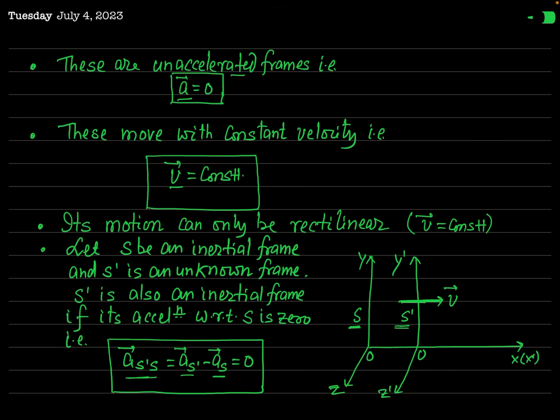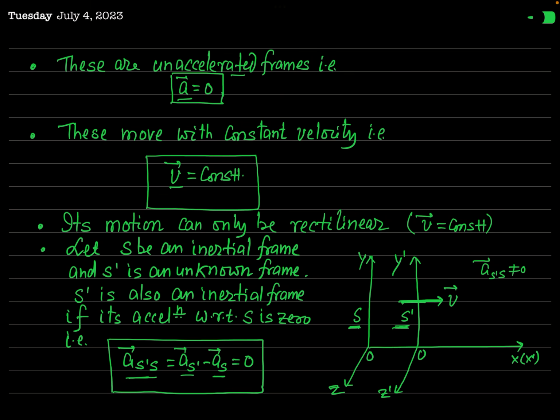Here, the acceleration of S dashed is 0 with respect to the inertial frame S, so S dashed is also an inertial frame. But if the acceleration of S dashed with respect to the inertial frame S is not equal to 0, then S dashed is not an inertial frame, it will be a non-inertial frame. Okay? It will be a non-inertial frame.